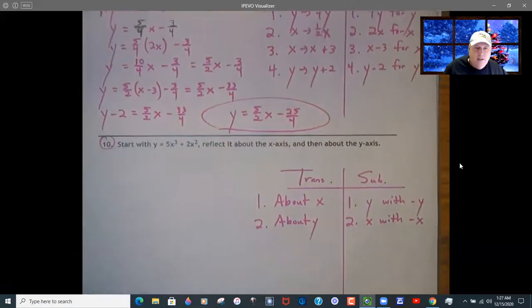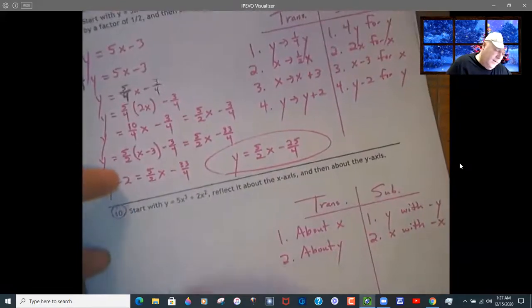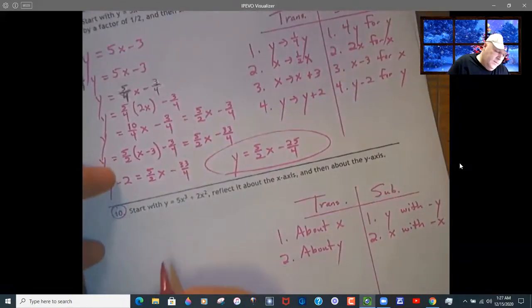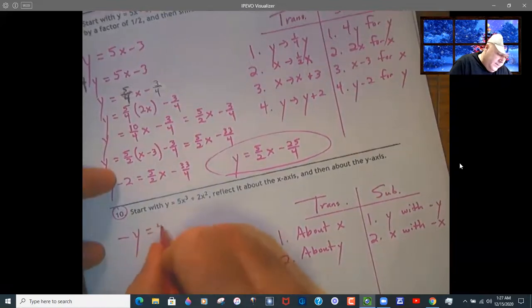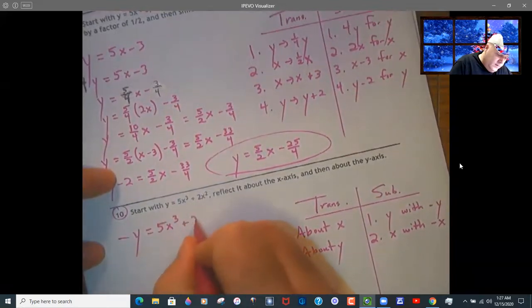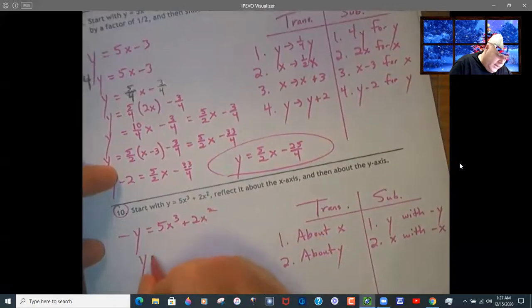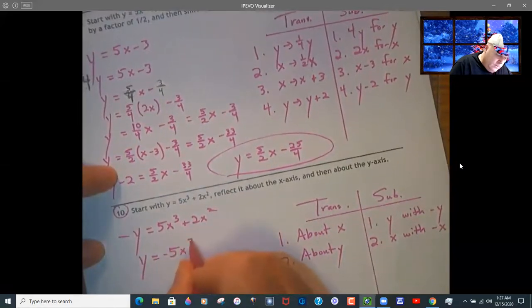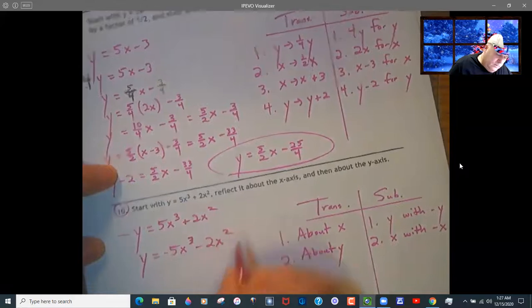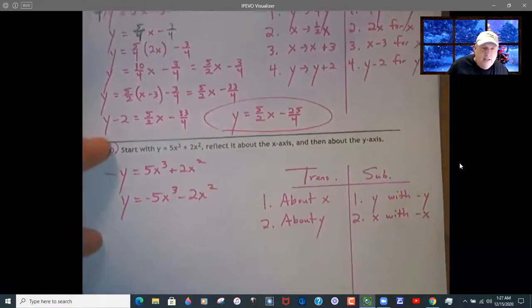And anytime again that you replace the y, you solve for y. Anytime you replace the x, you simplify on that side. So one at a time, y with negative y. So this just runs a negative through the other side. And then x with negative x.